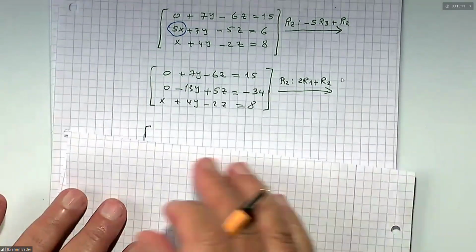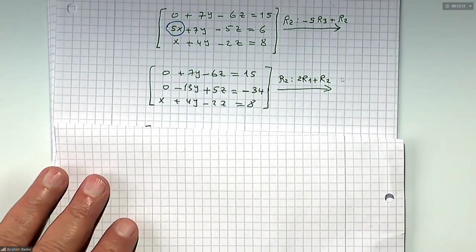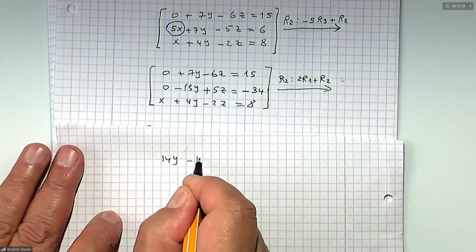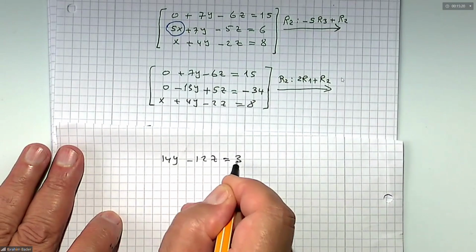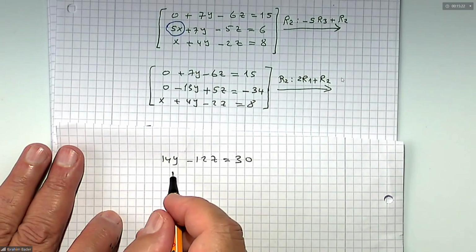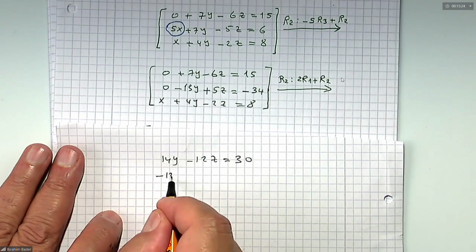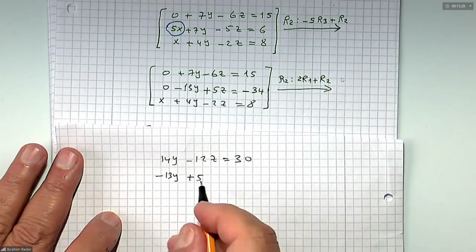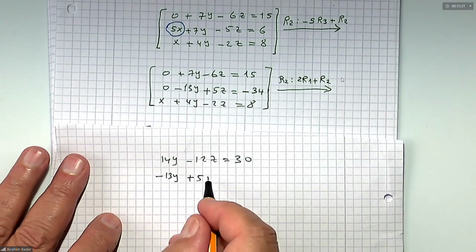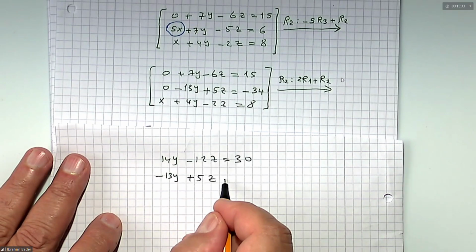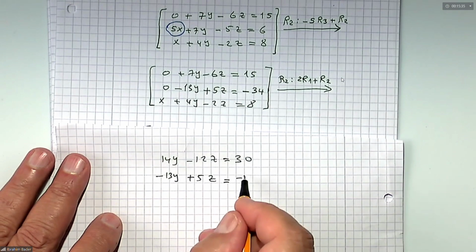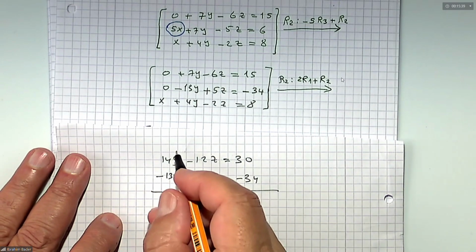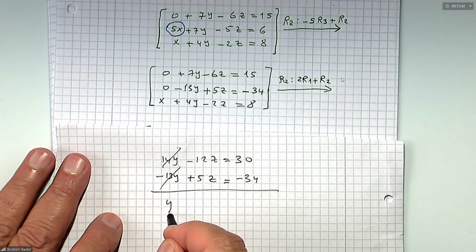So what do we have here? 2R1 is 14y minus 12z equals 30. And R2 is negative 13y plus 5z is equal to negative 34. So if you add them, you will be getting y.